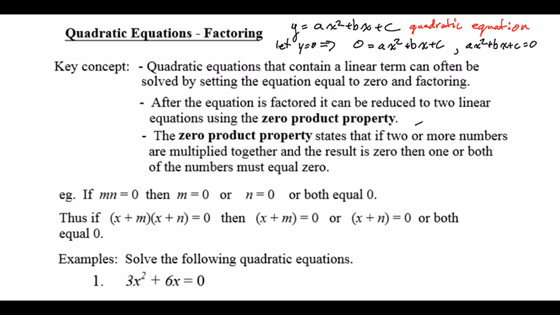So if I have brackets that factor to (x + m)(x + n) equals 0, then either the first half is equal to 0, or the second half is equal to 0, or both of those brackets are equal to 0.